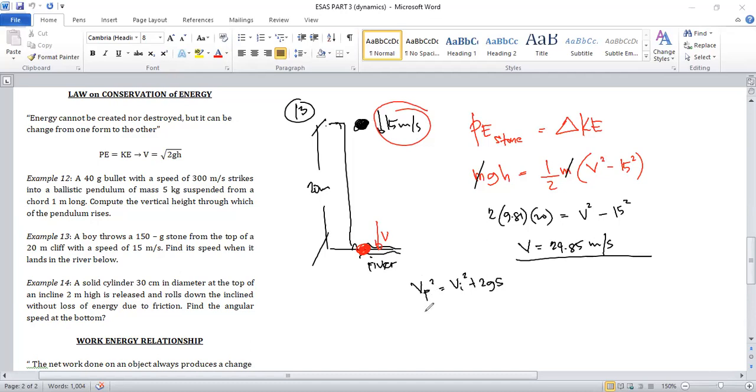So the final velocity is initial 15 square plus 2 times 9.81 multiplied by the height 20.